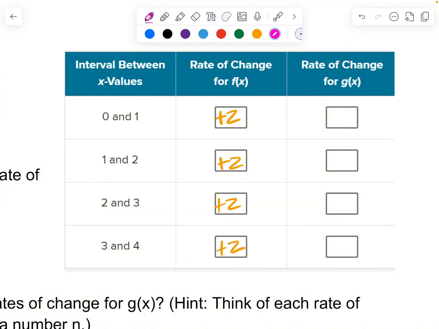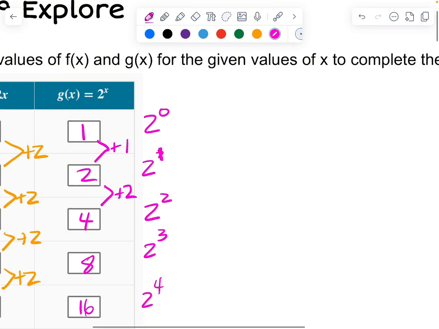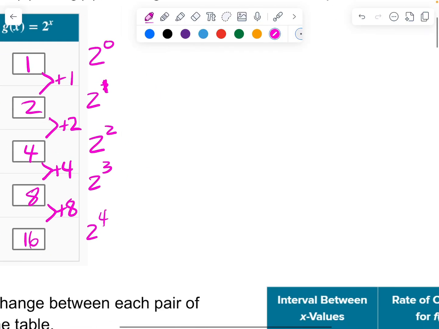Then we're going to look at the rate of change for g of x. Okay, well, if I look at this, I'm adding by 1, I'm adding by 2, I'm adding by 4, and I'm adding by 8. 1, 2, 4, 8.